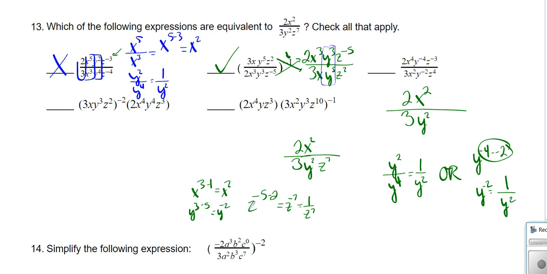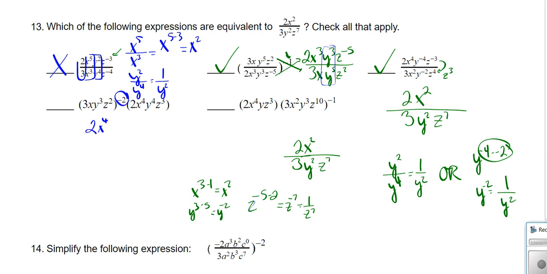Same thing here, the z to the negative 3, you can put that in the denominator and make it z cubed, and then just add those exponents. 4 plus 3 is 7. And so that one is equivalent. And coming back over here to the far left. Okay, negative exponent. So what can I do?